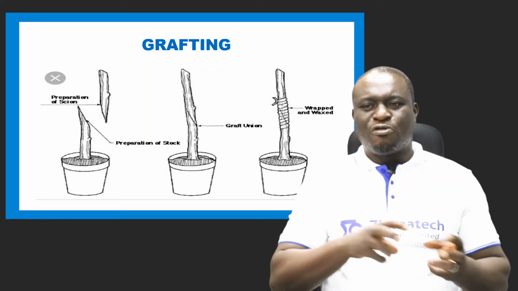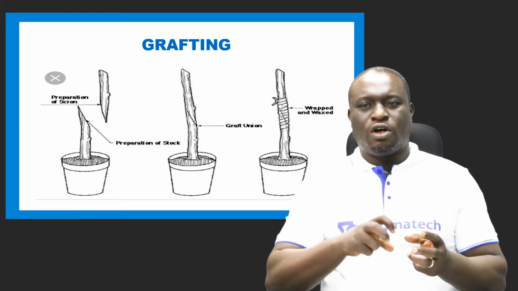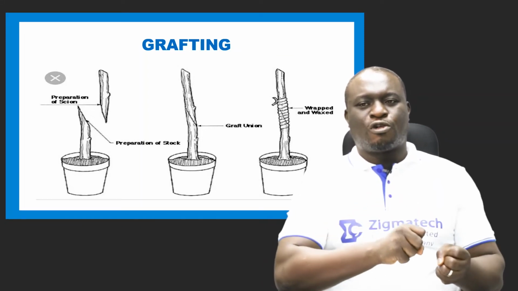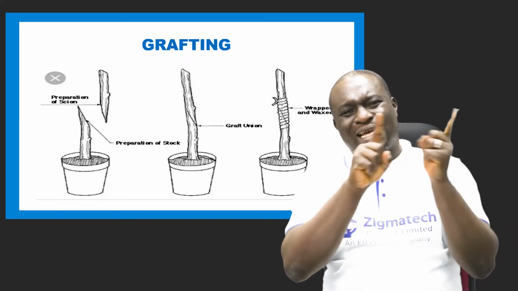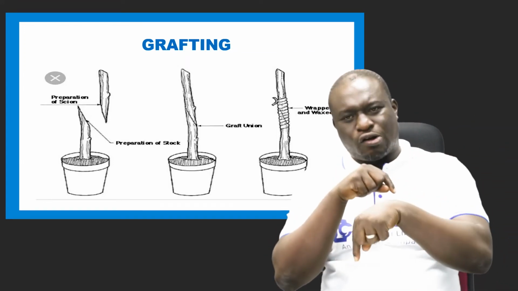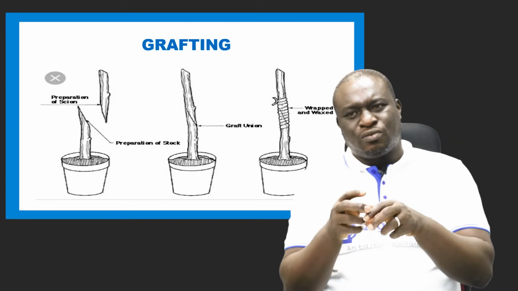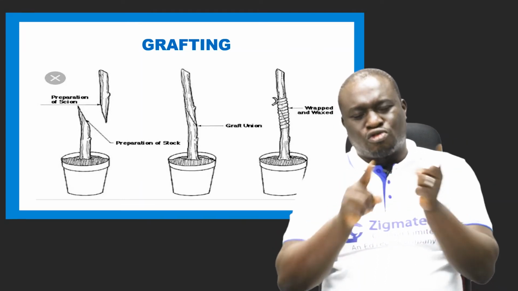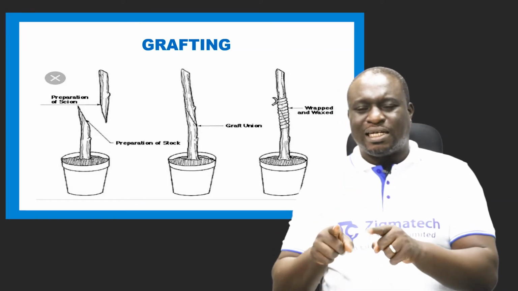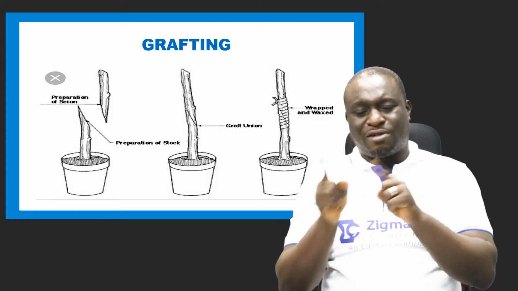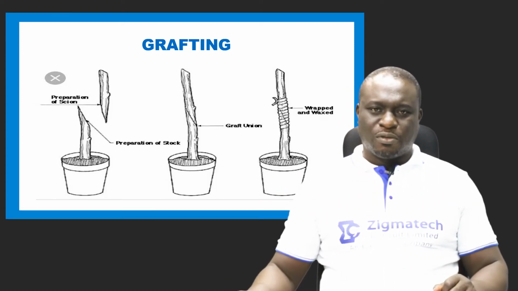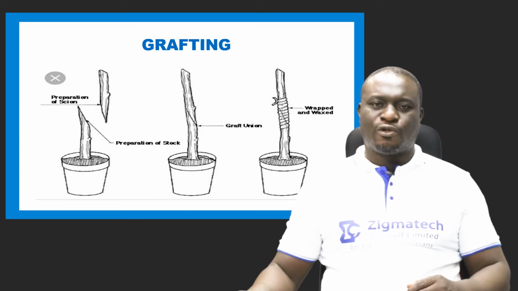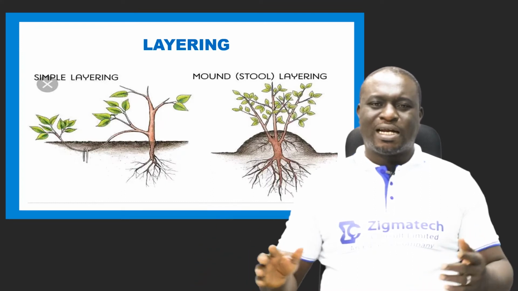So you are removing a scion from a plant and transferring it onto the stock of another plant. Later, the plant you have grafted will grow and produce fruits for another organism to emerge.